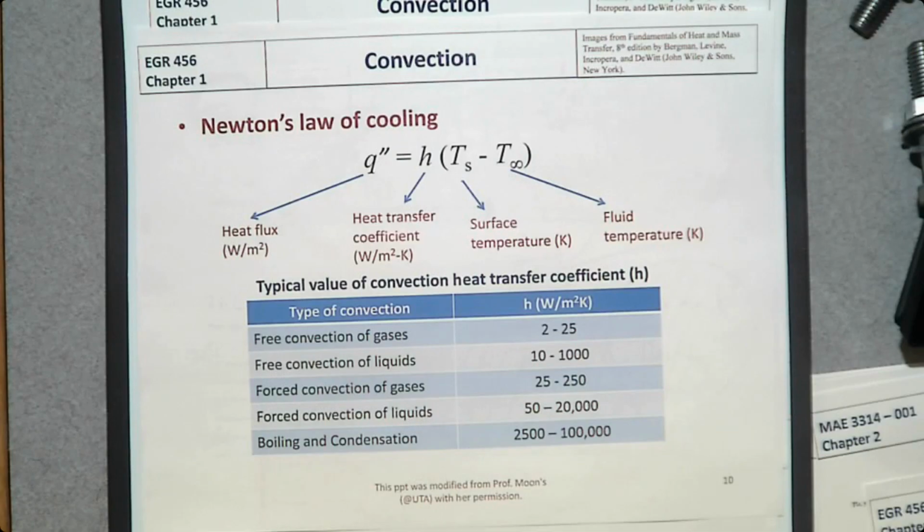Why is that? This h for gas is very small, but h for liquid water is extremely high. So even with a small temperature difference, you can receive a significant rate of heat transfer. Those are the things that we are going to study later when we go to chapters 7, 8, and 9.